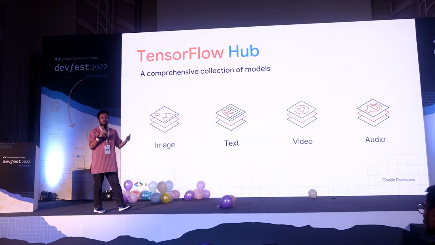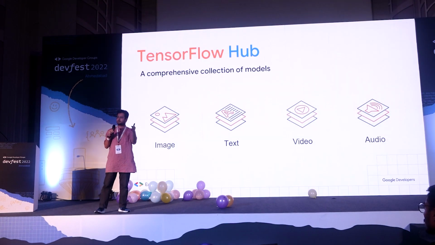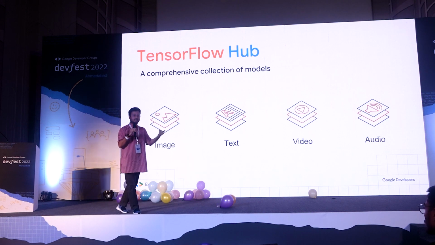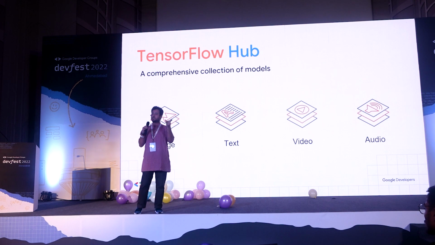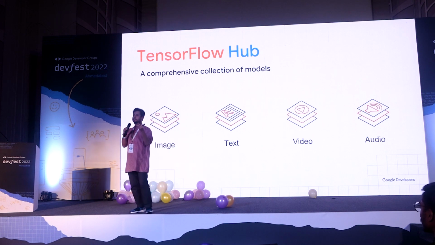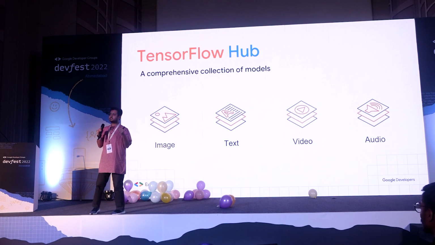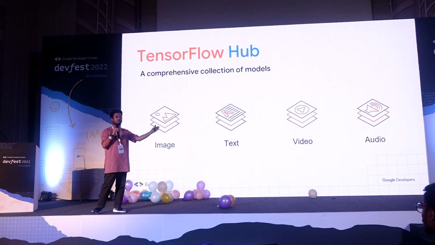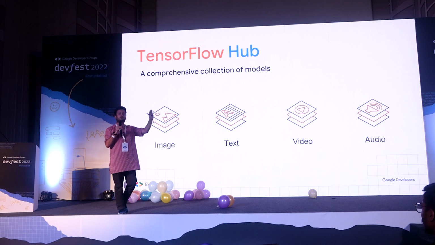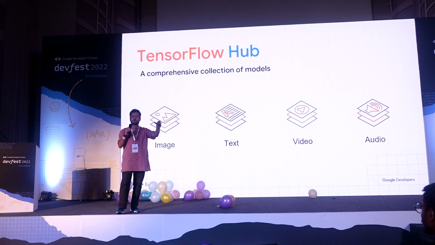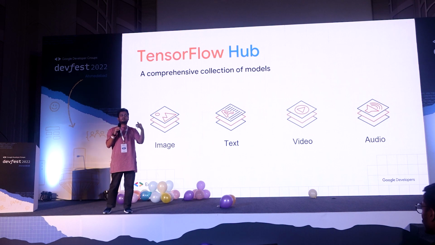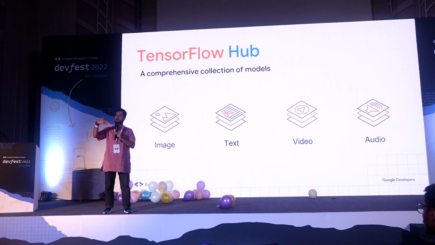So when I say TensorFlow Hub, there are different categories of pre-trained models which are available. You will have models with respect to text, images, video, and audio as well. So there are broad categories of ML models that are readily available, be it from images, text, video to, say, audio. When I say audio, think of it as classifying multiple speakers in an audio file.